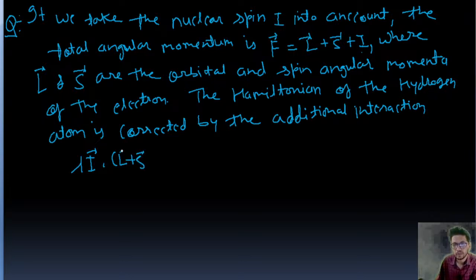Okay, so that Hamiltonian is corrected by the additional interaction. This is the Hamiltonian which is given, where lambda greater than 0 is a constant.